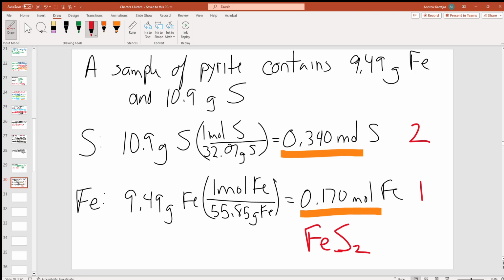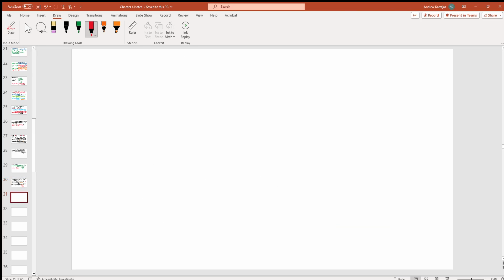Now, if we knew the total molecular formula or molecular mass of this compound, we could then use that to see if this is the actual formula or if we need to multiply through by some value. And what do I mean by that? So again, we found our empirical formula is FeS2.